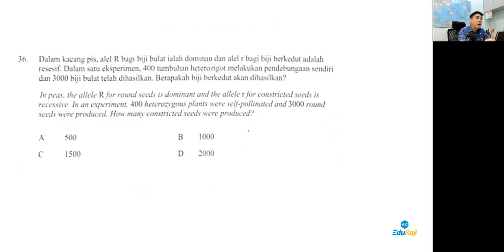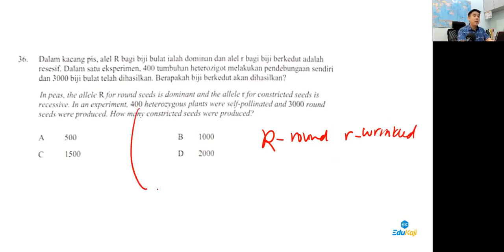So in P plant, so big R is for round seed, small r is for what? Should be wrinkled. Normally we use the word wrinkled. So in an experiment, 400 hetero. Hetero means this. And 3,000 produce.